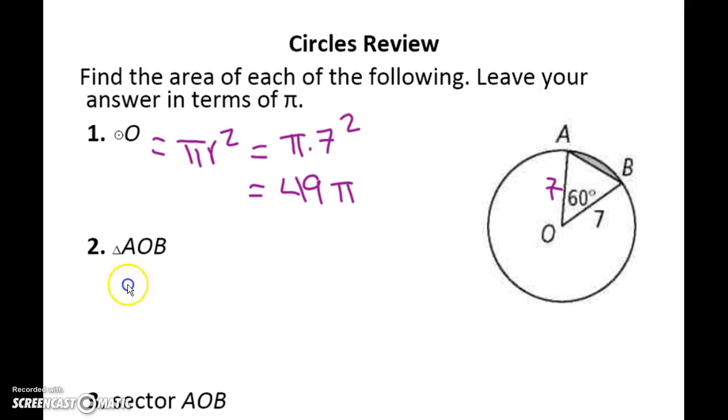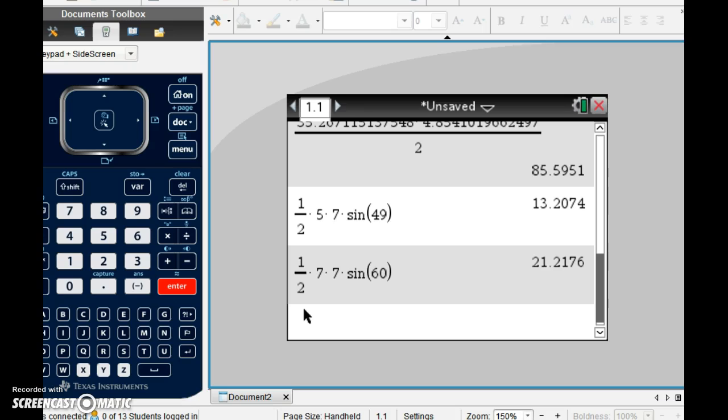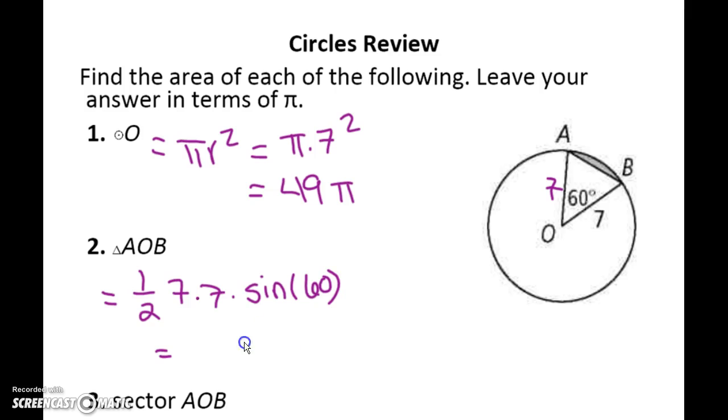Now this is when I'm going to use my 1/2 AB sine of angle C. So 1/2 of 7 times the sine of 60, and we're going to put it in the calculator. 1/2 times 7 times the sine of 60, and we get 21.2176 as our area.